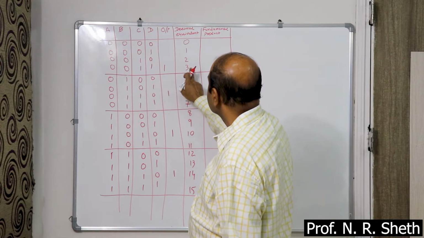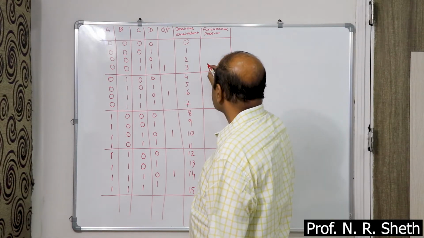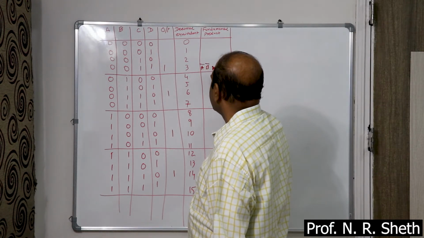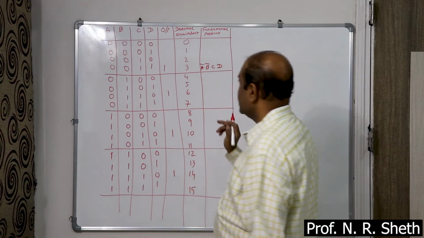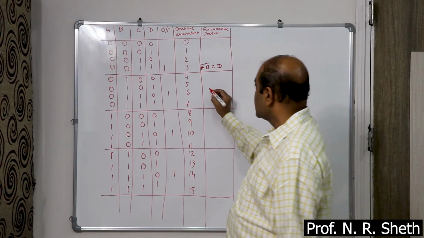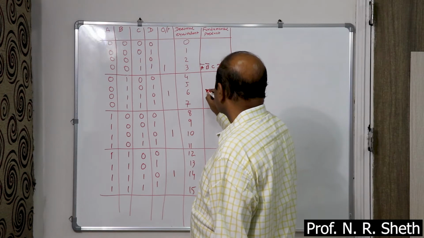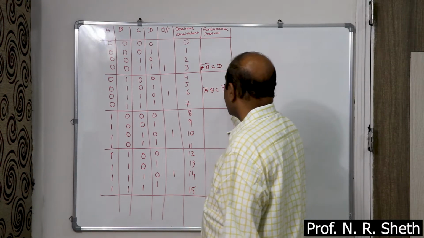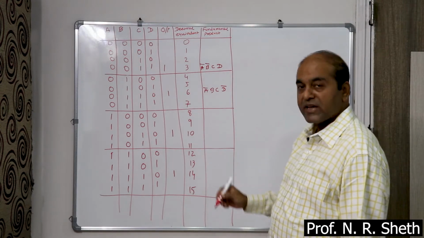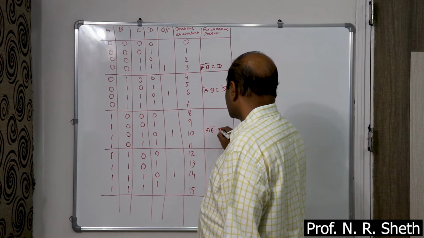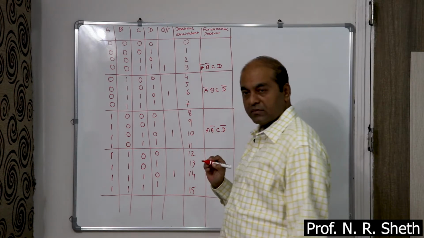The first, number 3, and its fundamental product is A bar, B bar, C, D. Number 6, it is A bar, B, C, D bar. Number 10, A, B bar, C, D bar.